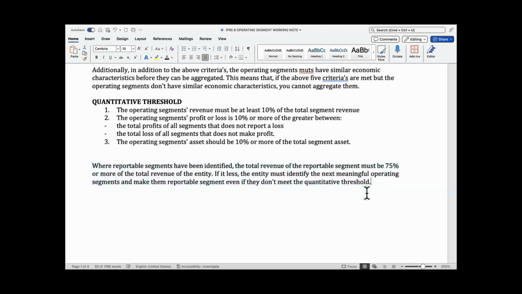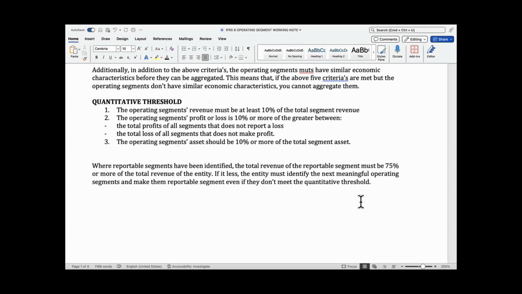So when you have identified reportable segments, by the time you add all the revenue of those reportable segments together, it should be 75% or more of the entity's revenue.